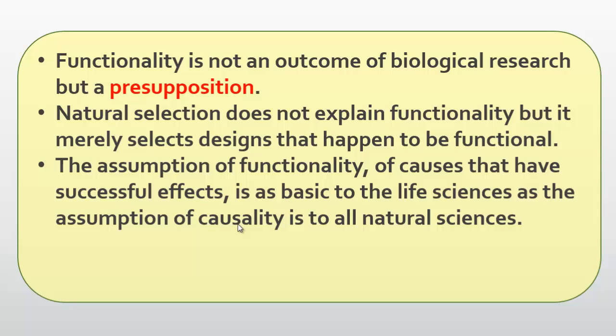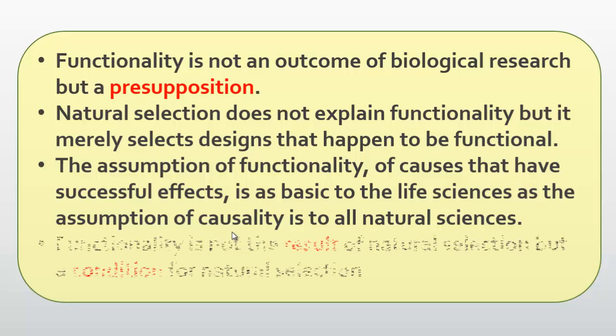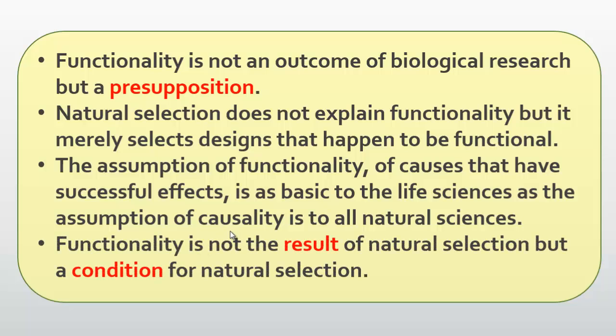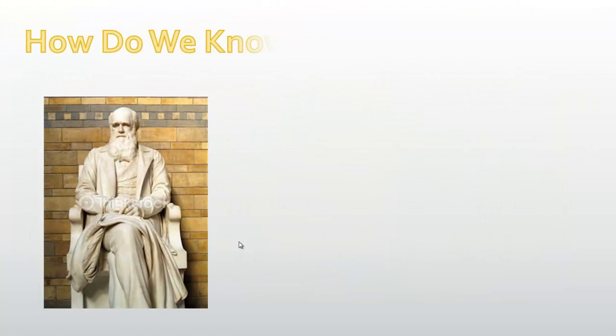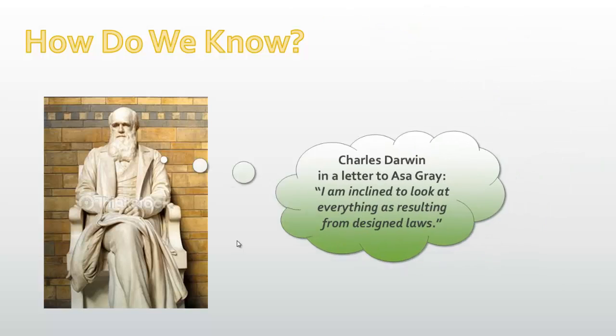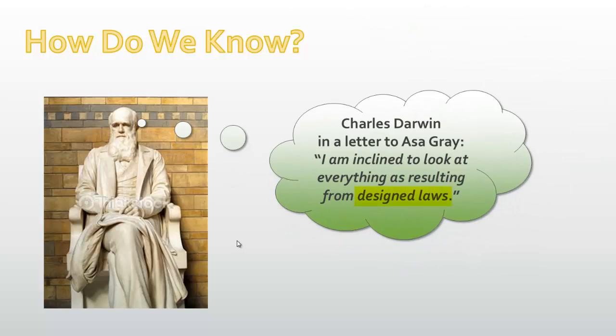It's basic to the life sciences, as basic as causality is to all the natural sciences. Again, functionality is not a result of natural selection, but a condition for natural selection. Darwin once said, "I am inclined to look at everything as resulting from designed laws." Even Darwin realized that.